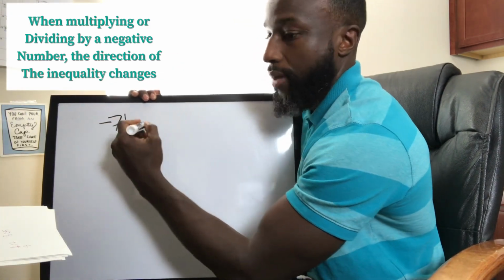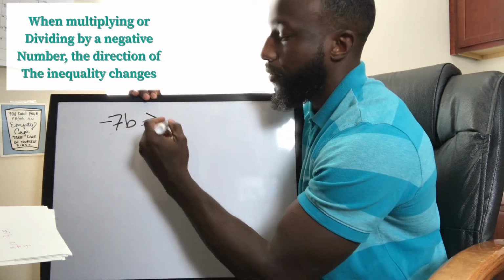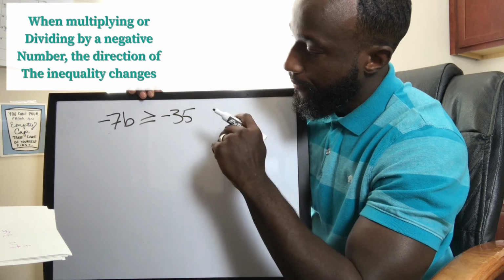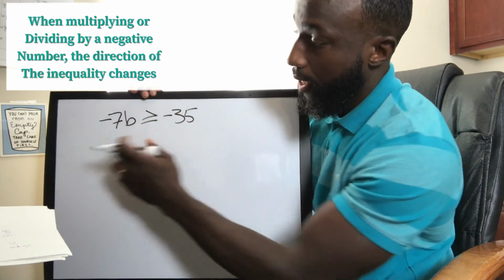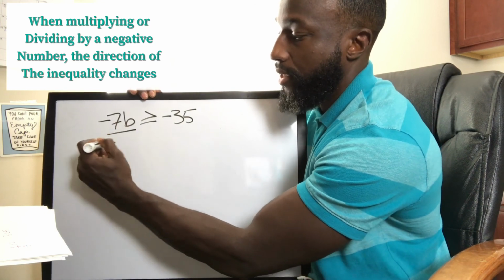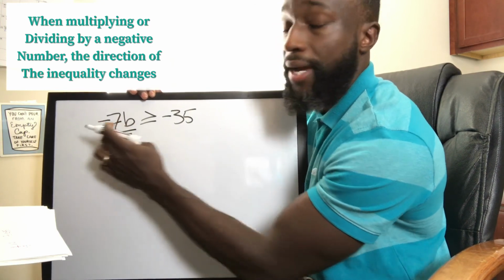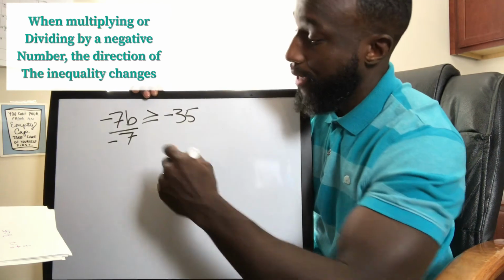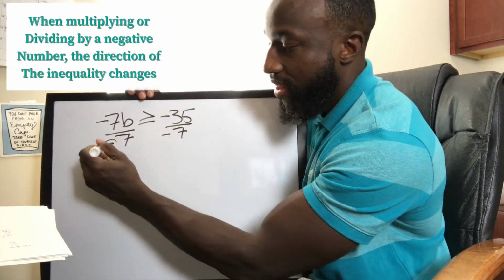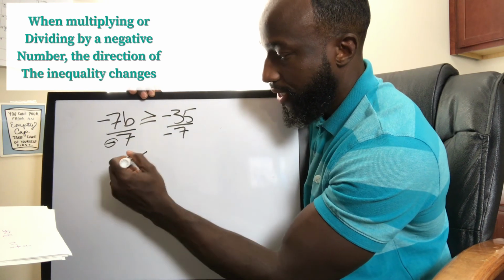-7b is greater than or equal to -35. Again, this is negative. So what's the inverse of multiplication? Division. You have to divide by not 7, but -7. So you divide both sides by -7. Because you divided by a negative, the direction changes.